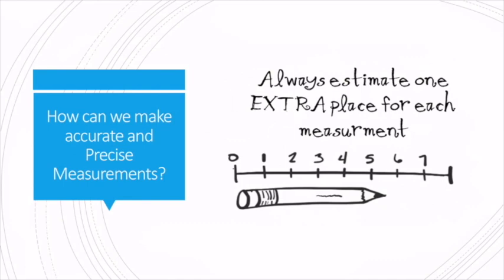So if we're looking at this pencil and we're measuring it, it's between 5 and 6, so we would use our best guess of what this is, so we could call it 5, which we know, plus one extra place would be 5.6. It's very important you always estimate that extra place.